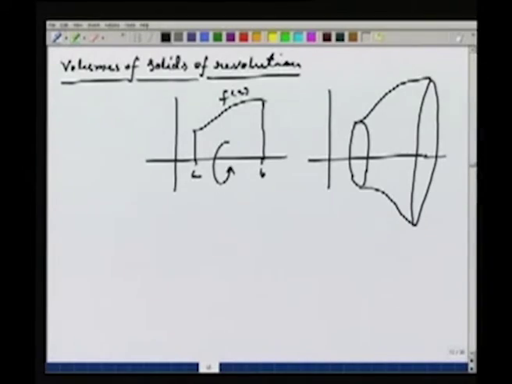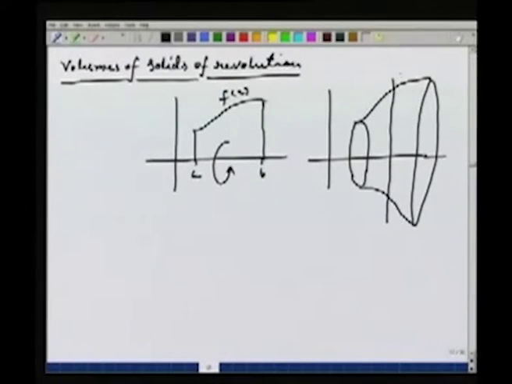Now the idea is again the method of slicing. If I look at the slice here, what would be the area of this? Well, the slice actually is a disk, because the whole region is rotated, so it forms a disk here whose radius is f(x).